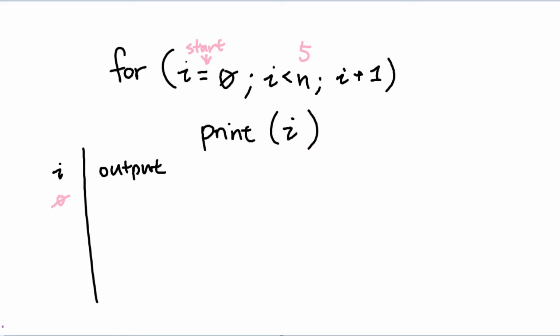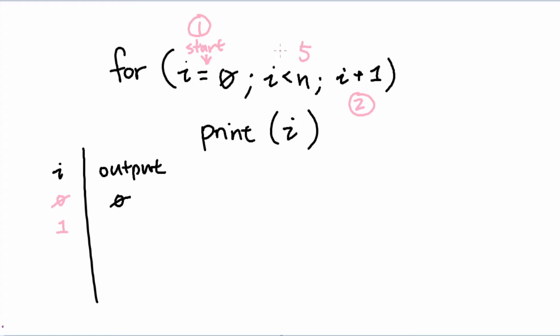So we print out 0. And then, of course, we add 1 when we come back. So that would be our next step, step 2. We add 1, and so that becomes 1.